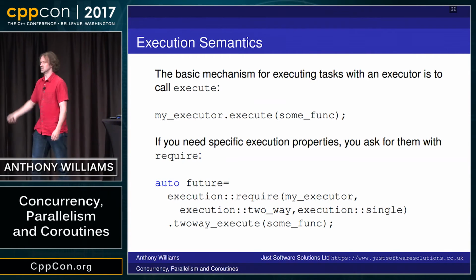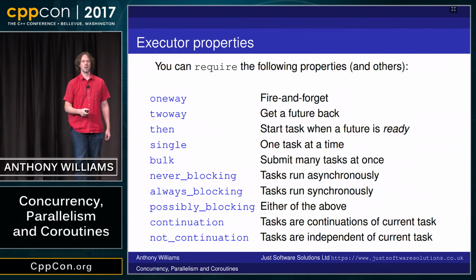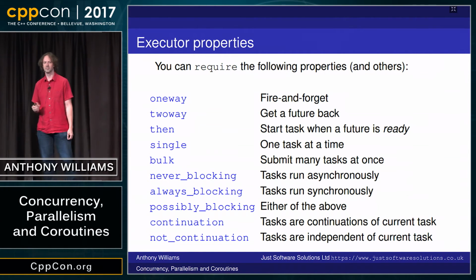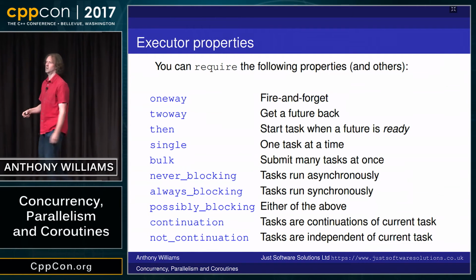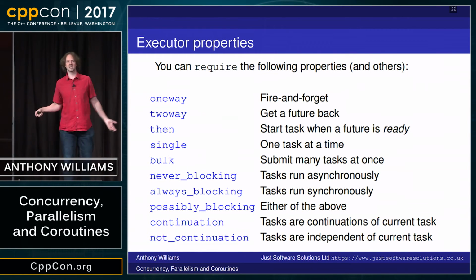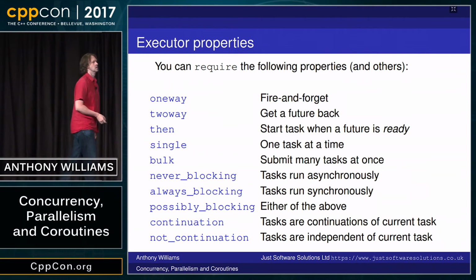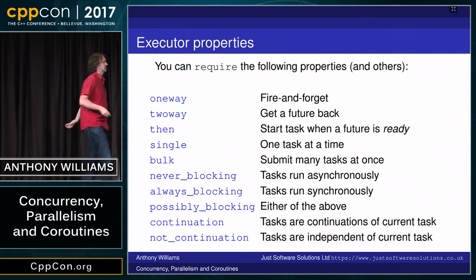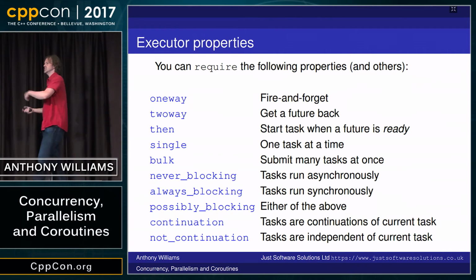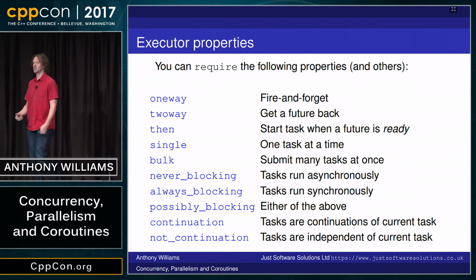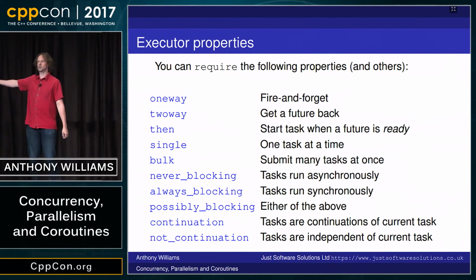There's a whole bunch of properties that you can require. Right? You can launch your task and say, well, I don't need to know because I've got some other mechanism of knowing when it's done. Or I want a future back. Or this function that I'm passing you now is a continuation of this other function which I'm passing you a future for.